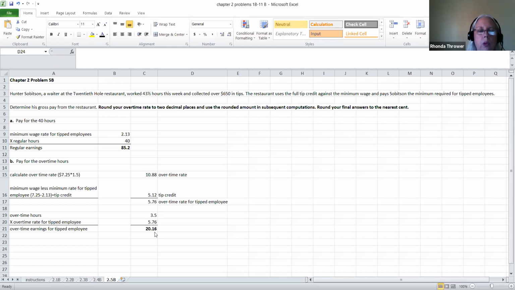So this employer would have to pay regular earnings of $85.20, overtime earnings of $20.16, plus the employee would get their tips. So these two combined plus the tips would be the total amount of wages that the employee earned.